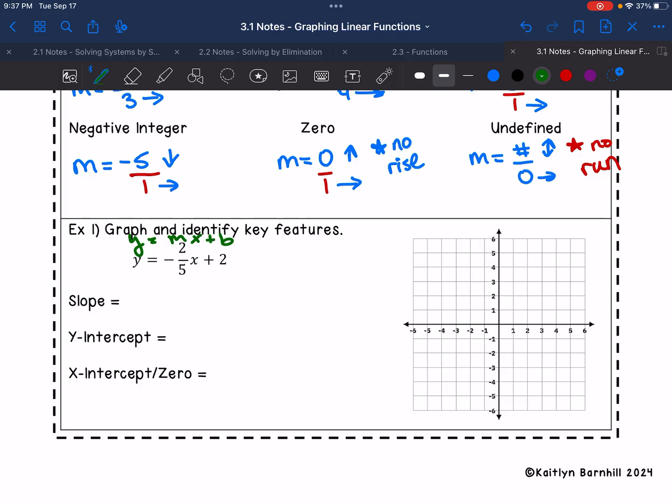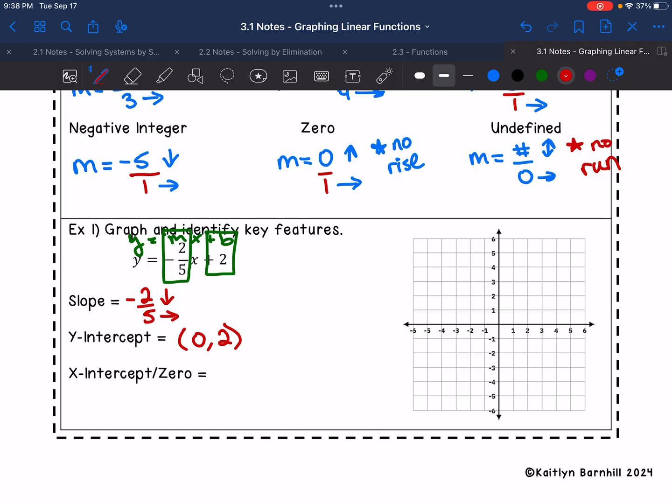So we can see here that m is negative 2/5, and then b is a positive 2. Okay, so my slope is negative 2 over 5. So since that is a negative fraction, a negative slope, we're going to go down 2, right 5. My y-intercept, I had a positive 2, so that's the point 0, 2.